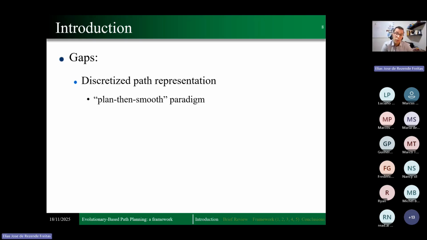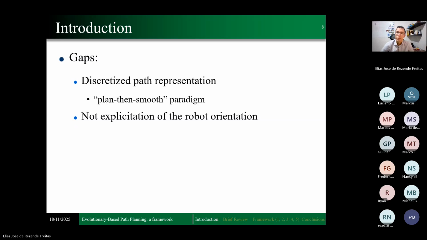They often do not guarantee that the resulting smoothed path will remain collision-free or respect the kinematic limits of the robot. Second, many existing strategies overlook the explicit consideration of the robot orientation during the path planning.